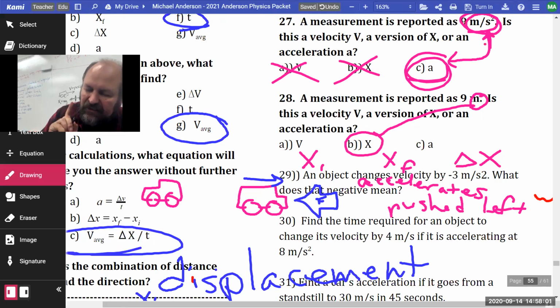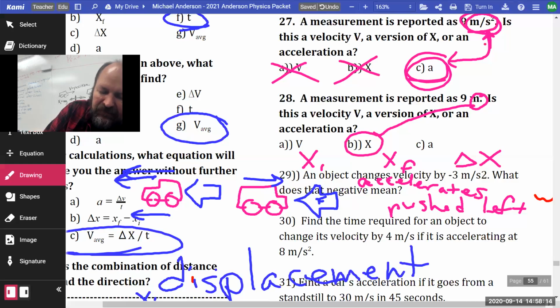However, just because it has a negative acceleration does not necessarily mean that it's gotta be slowing down. Look at this car over here on the left. This car is going to the left. And if I push on it with the same negative leftward force, this car is going to go faster and faster and faster. So here, the negative force gives me a negative acceleration, but that means it's getting faster and faster.